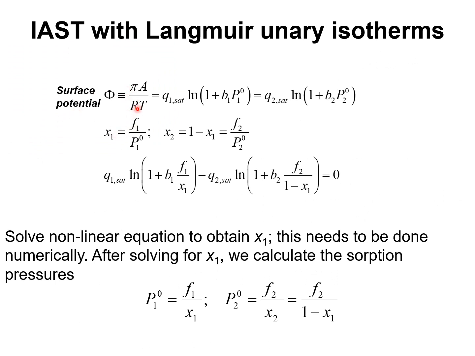For the special case in which the unary isotherms are described by the Langmuir isotherms with saturation capacities Q1 sat for component 1 and Q2 sat for component 2, the integrals in the previous slide may be determined analytically to obtain phi in the following form.